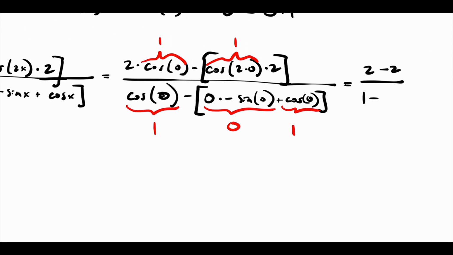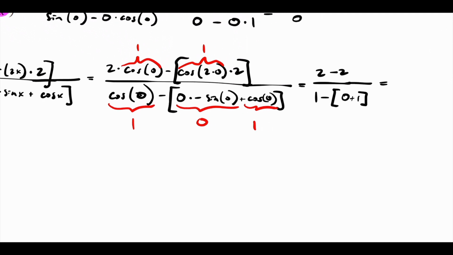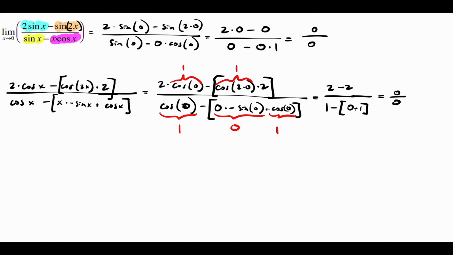This part here is going to be 1. So we're going to get 0 over 0 again. 0 over 0 means we still have work left to be done.